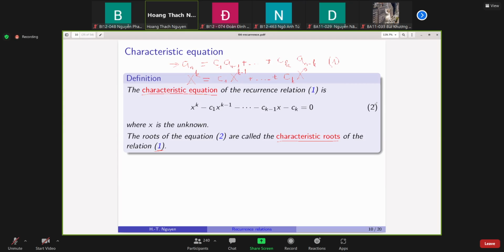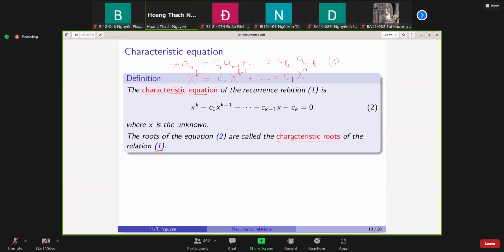In general, if you know the fundamental theorem of algebra, then you know that this polynomial equation of degree k, if we consider complex numbers, always has k roots. So in general, if we consider complex numbers, then we will have k characteristic roots.